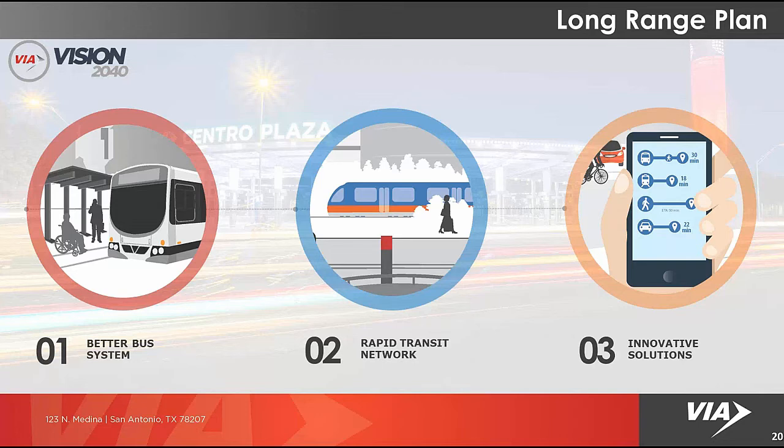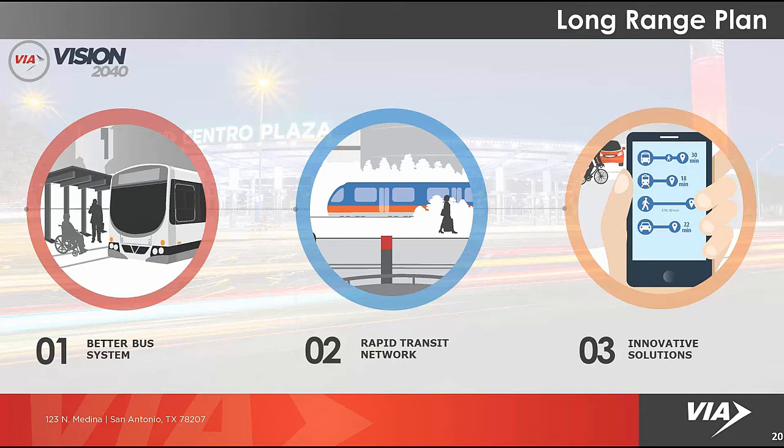And then we have a forward-looking element, the rapid transit network, and this is high-capacity transit options like bus rapid transit, light rail transit, and express buses in HOVs. And this element responds to a need in our community to focus on high-growth corridors and connecting major activity centers.